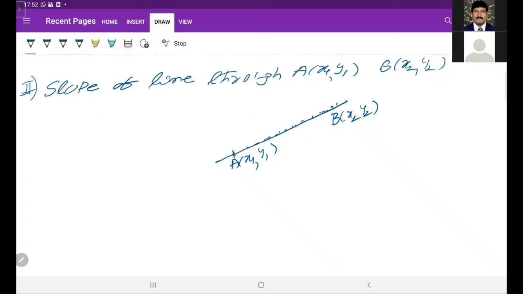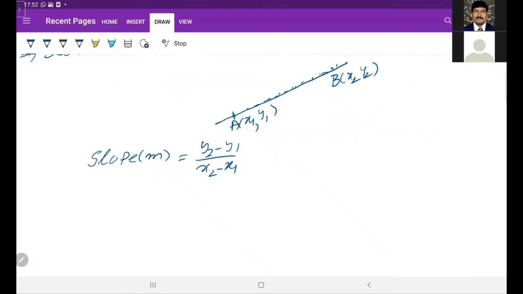Okay, what is the slope now? Slope m is equal to the formula (y2 minus y1) by (x2 minus x1). Understand? Okay, (y2 minus y1) by (x2 minus x1).